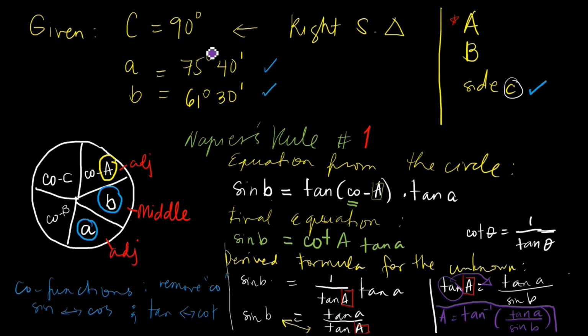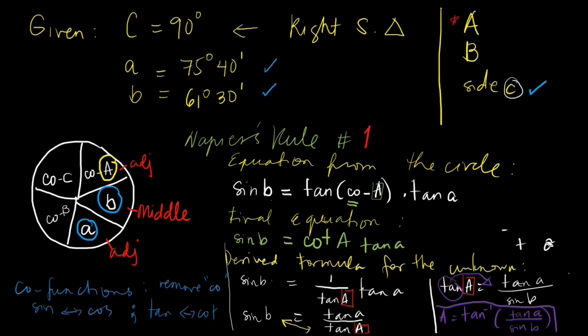By the way, we are given the measurements of A and B, so we need to substitute them to have the measurement of angle A. Let us substitute. I'll just erase this portion here.